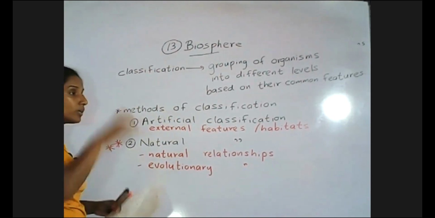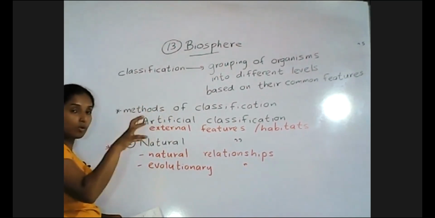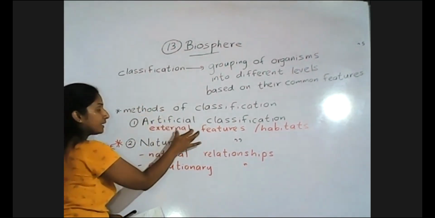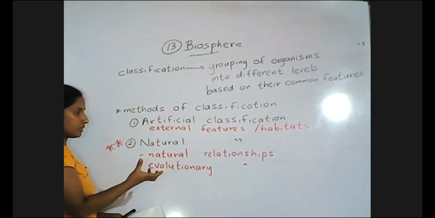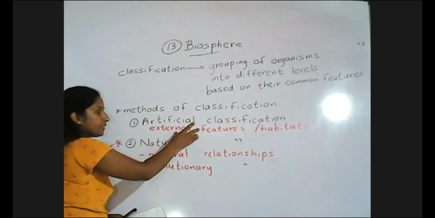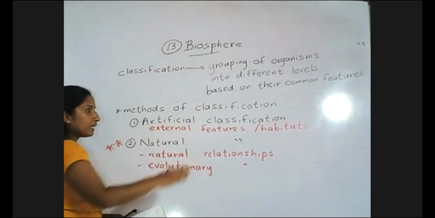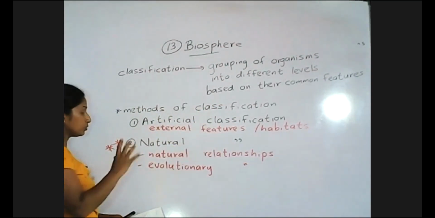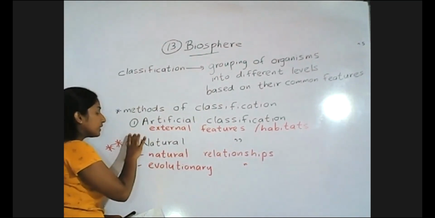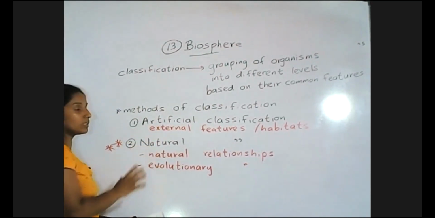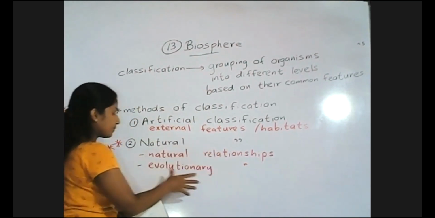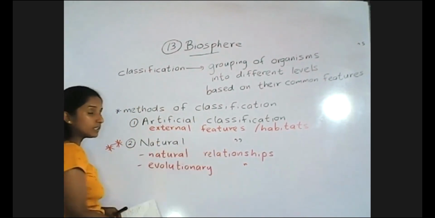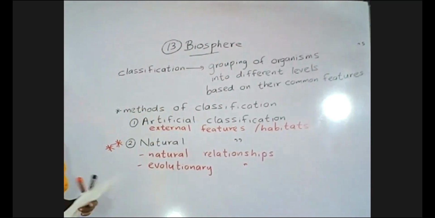We cannot group the organisms, Pute, by using the external features or the habitats, right? It is not a correct one. It is not acceptable. So the very good classification is the natural classification, where we use the natural relationships among the organisms, or the evolutionary relationships, right?